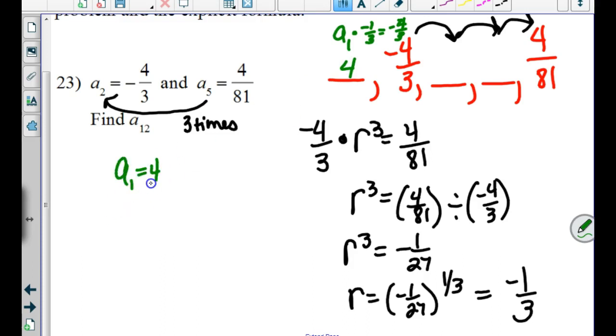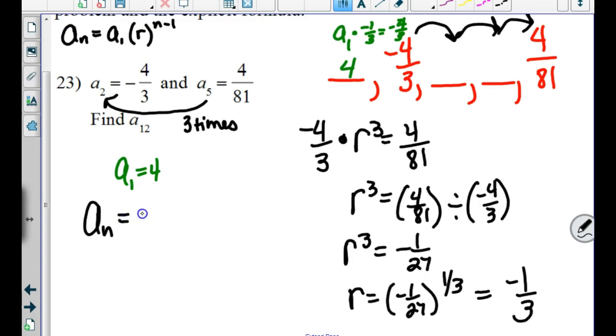Now, Christian, can you tell me the formula? A sub n equals a sub 1 times r to the n minus 1.